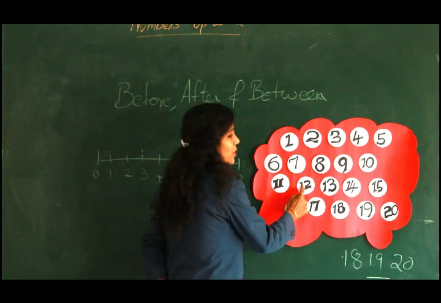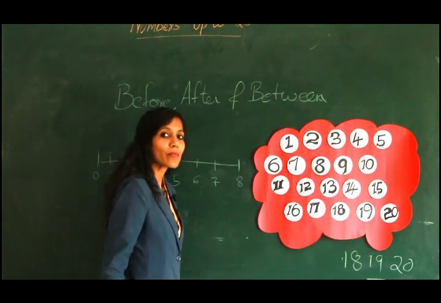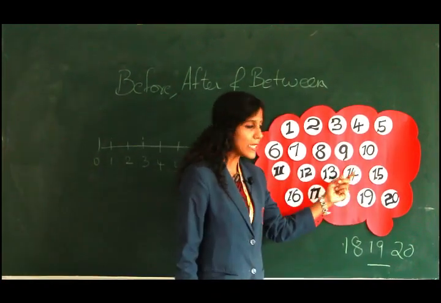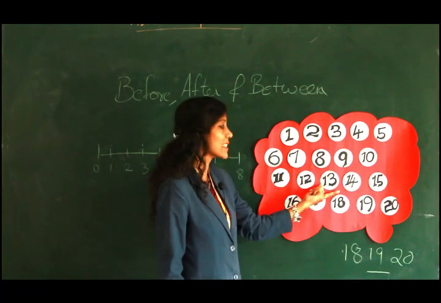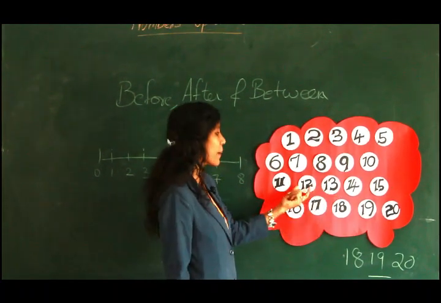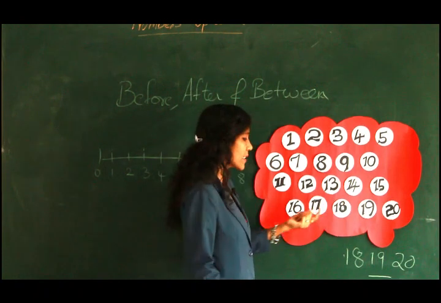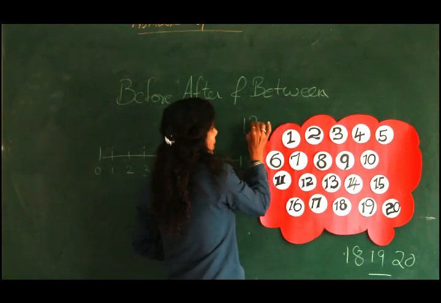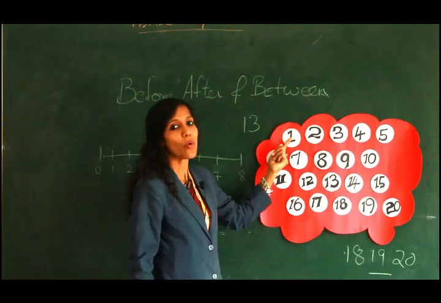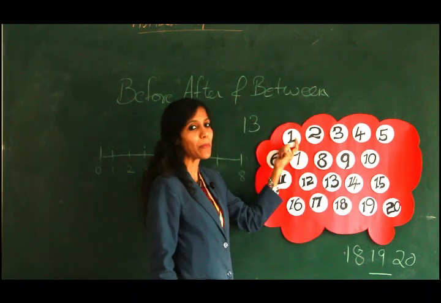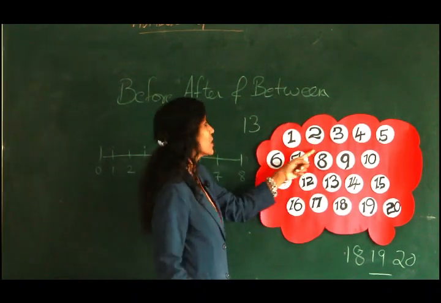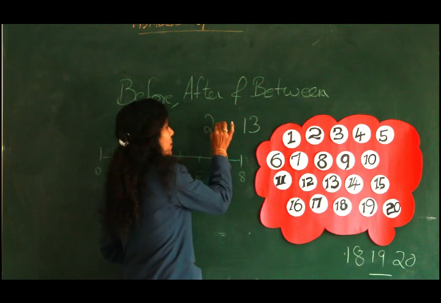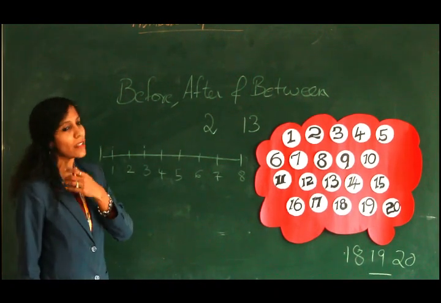Next, between 12 and 14, there is a number which is 13. Next, 1 and 3. The number between 1 and 3 is 2.